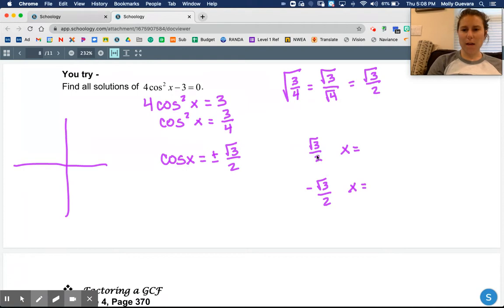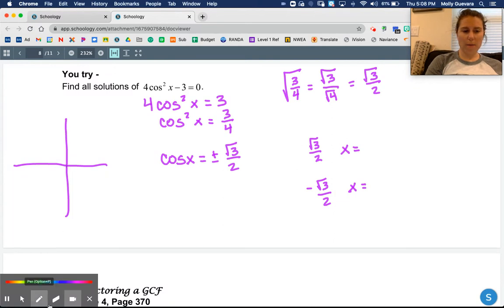Okay, positive root 3 over 2 for cosine. Cosine is positive in quadrants 1 and 4, right? So I'm actually just going to stay in purple here. So in quadrant 1, cosine is root 3 over 2. So here and here, when cosine is positive, this is root 3 over 2.